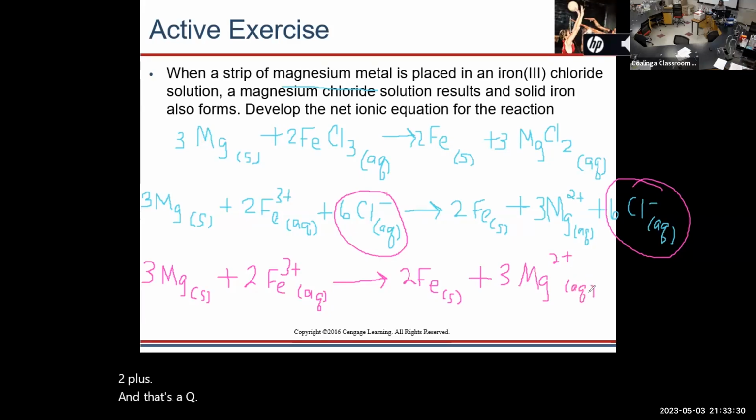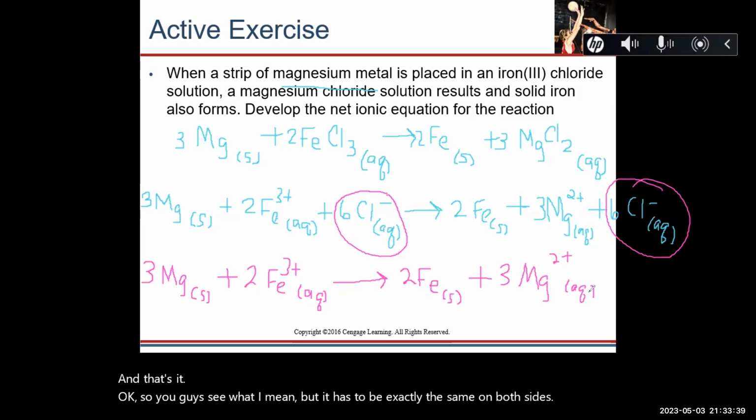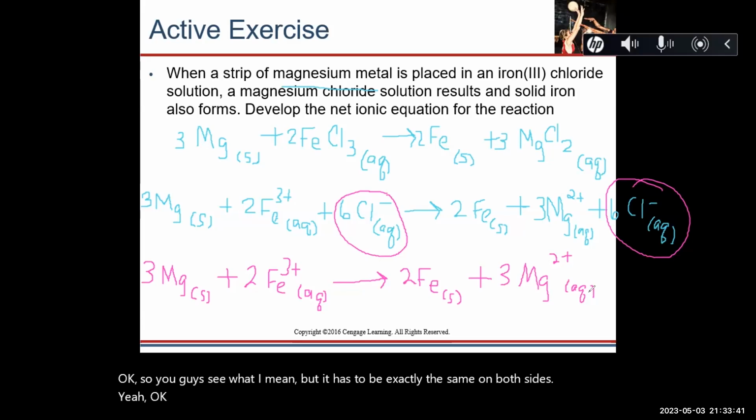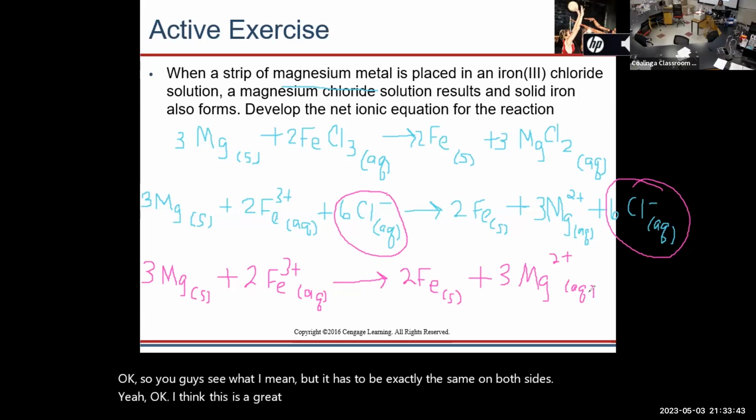And that's it. Okay, so you guys see what I mean by it has to be exactly the same on both sides? Yeah. Okay, I think this is a great stopping point because my brain is about to fall off. I guess I meant my head is about to fall off, not my brain.